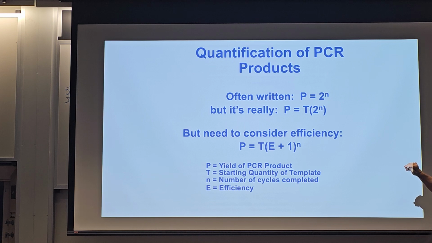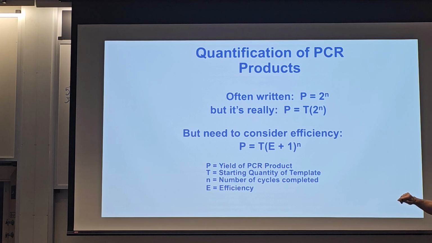If we have 1,000 copies at cycle 10, then we know that at cycle 9 we had 500 copies, and at cycle 8 we had 250 copies, and at cycle 7 we had 125 copies. So you can back calculate because you know you're doubling every cycle.